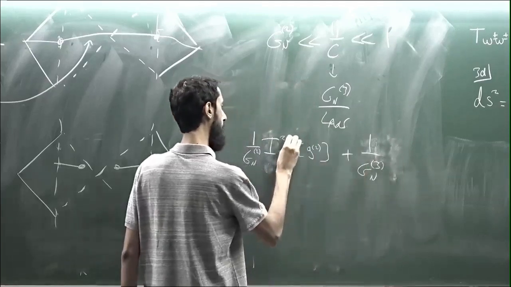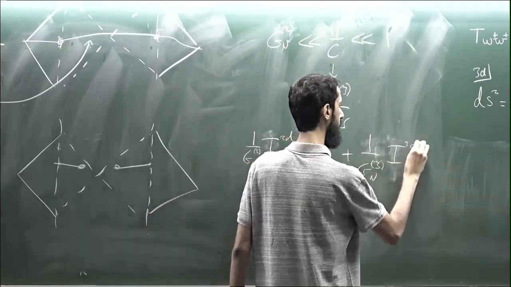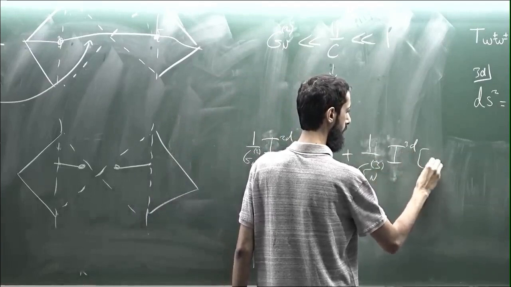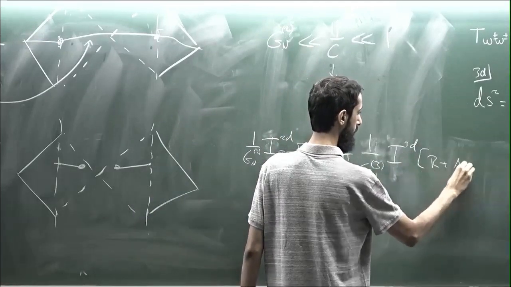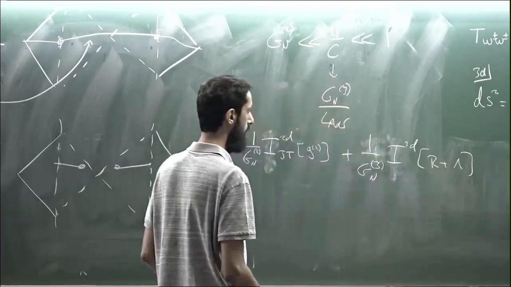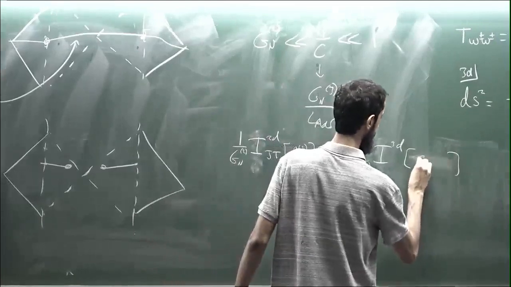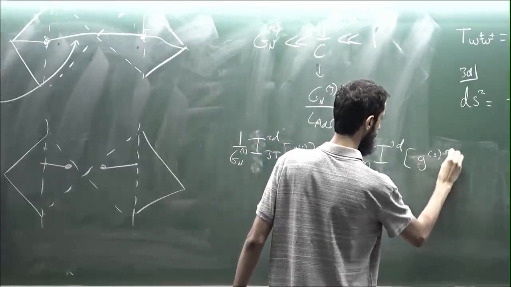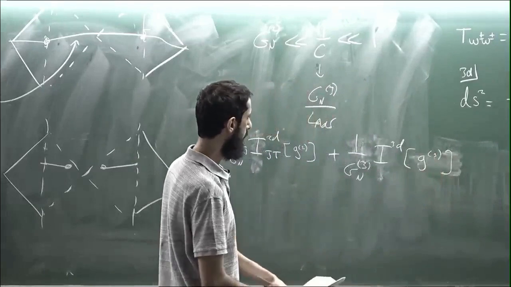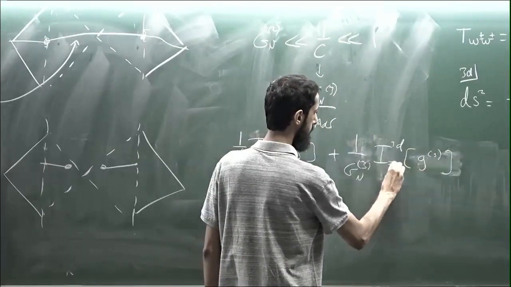So this is a 2D action. You have a 3D action of Einstein-Hilbert, whatever, R plus lambda. Okay, sorry, G3. So I have 3-dimensional Einstein-Hilbert.